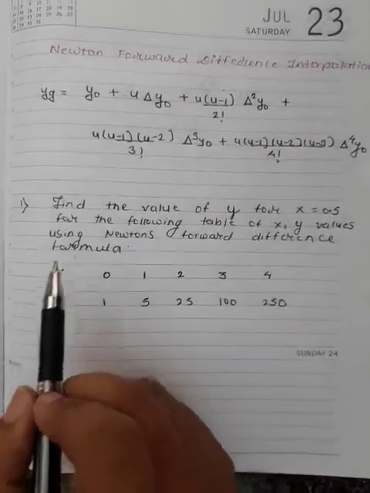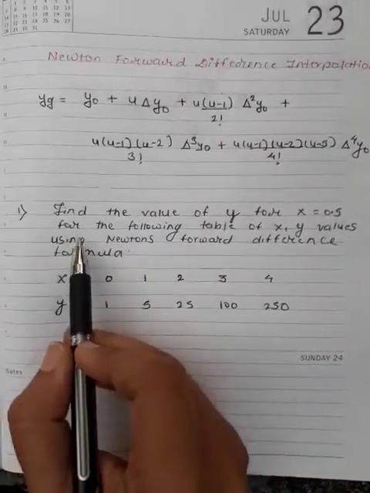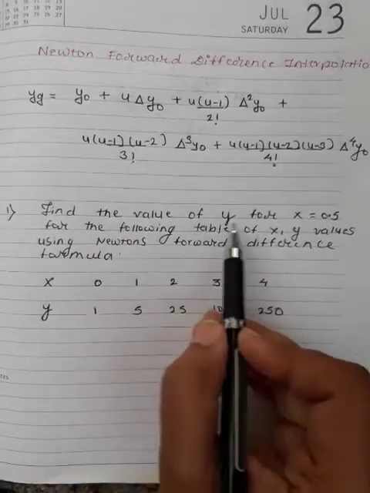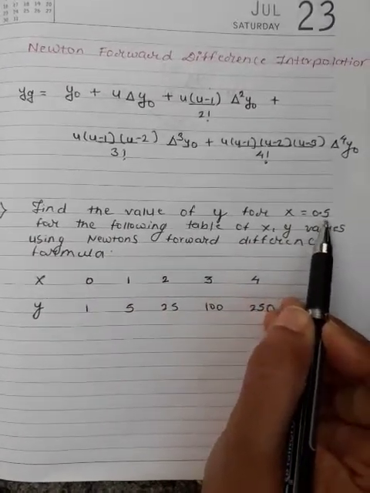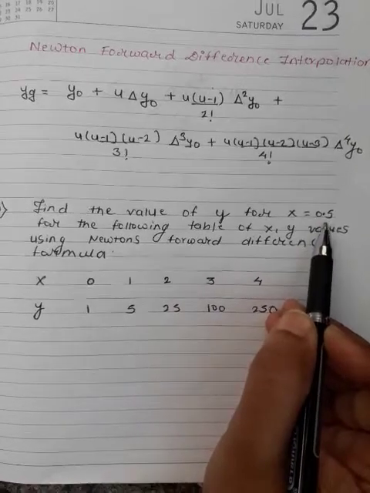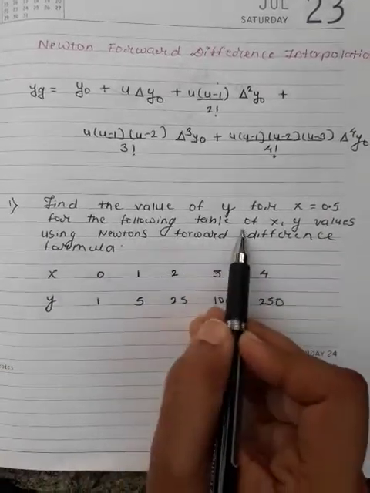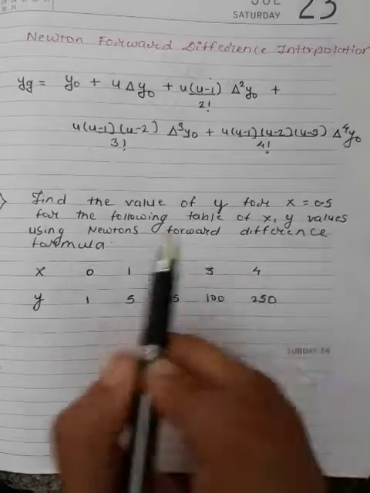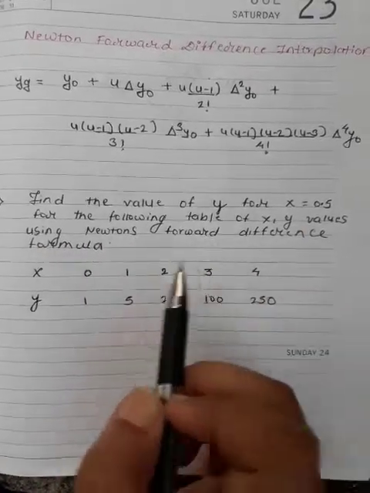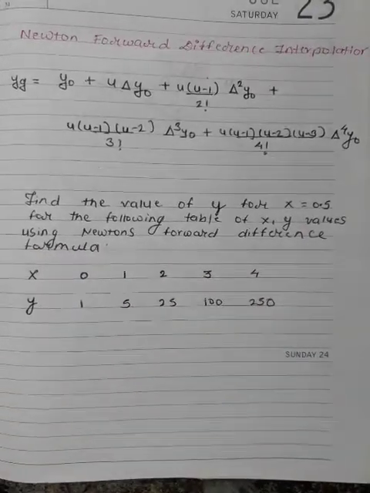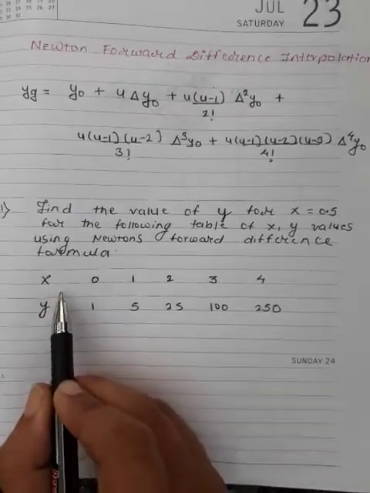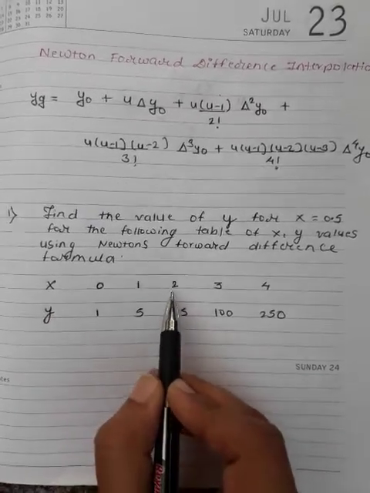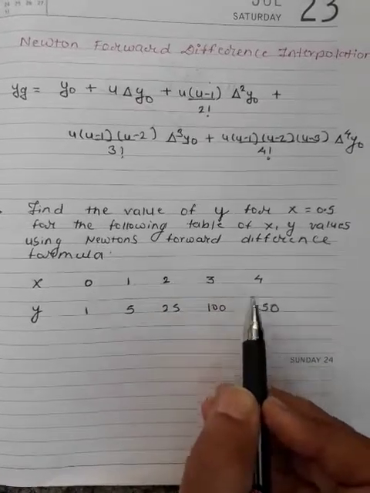So the question is in front of you. In this numerical, you have to find the value of y when the value of x is equal to 0.5 for the following table of x and y values using the Newton forward difference formula. The values of x are 0, 1, 2, 3, 4.